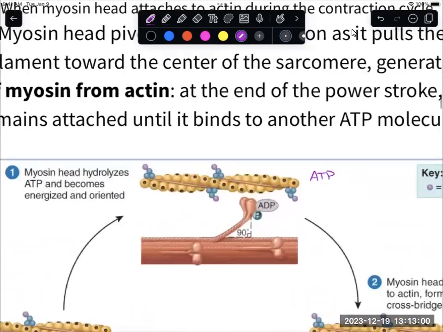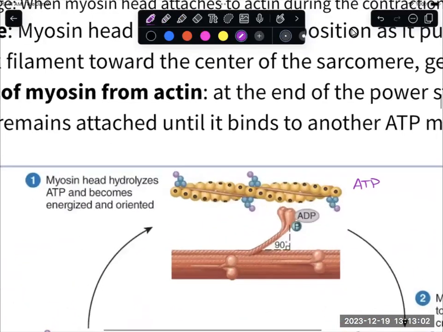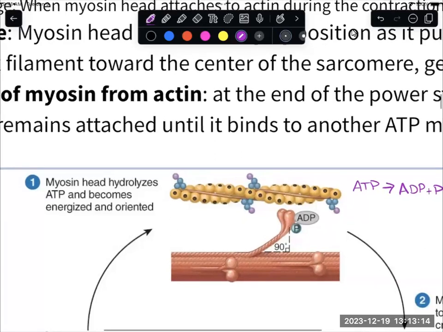This ATPase enzyme breaks ATP into ADP plus phosphate. By breaking that ATP, one of the byproducts is energy. So now we've created energy by breaking up ATP.